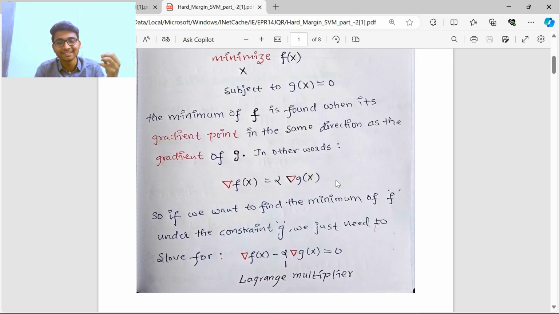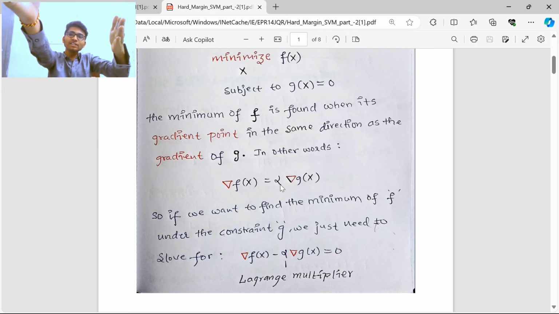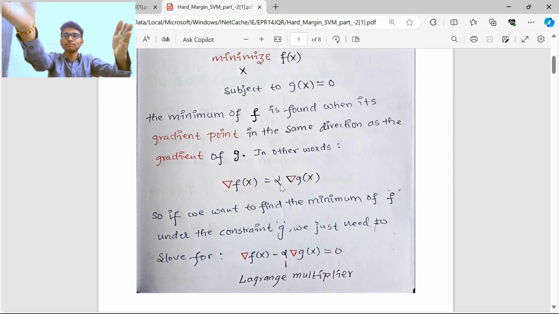In other words, gradient of f is equal to alpha times the gradient of g of x, right? See, let's suppose gradient of f is going in this way, and gradient of g of x is also going in this way. Means there should be a linear multiple. A scalar should be there, right? That's what he said.